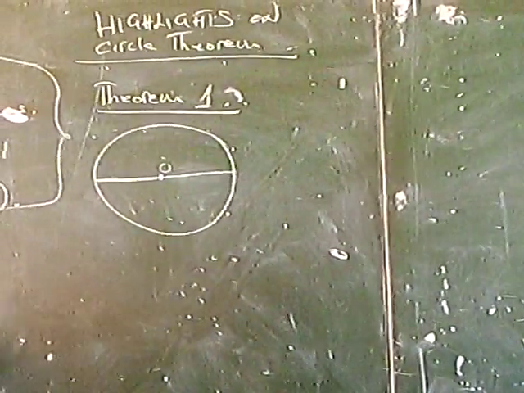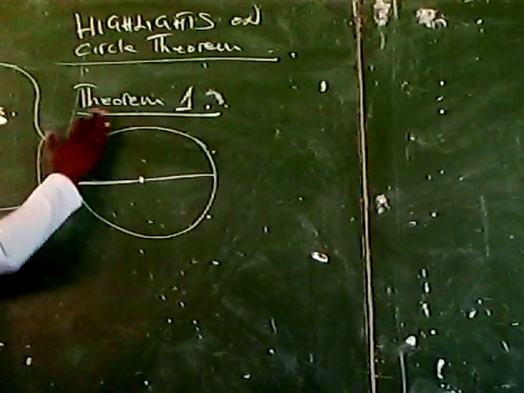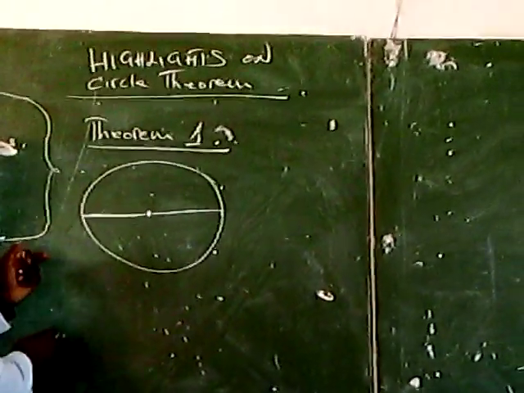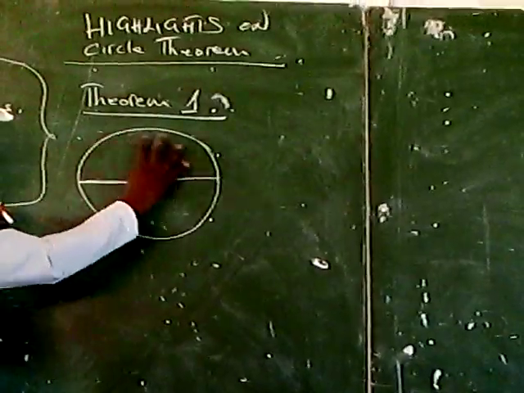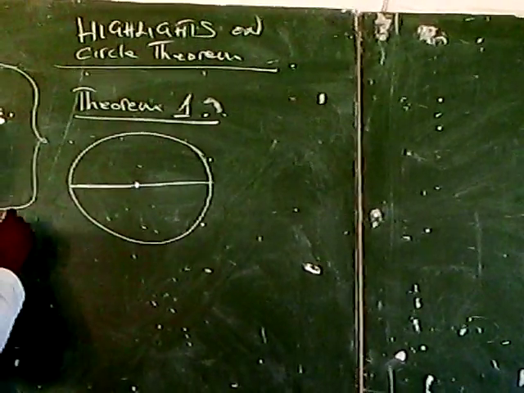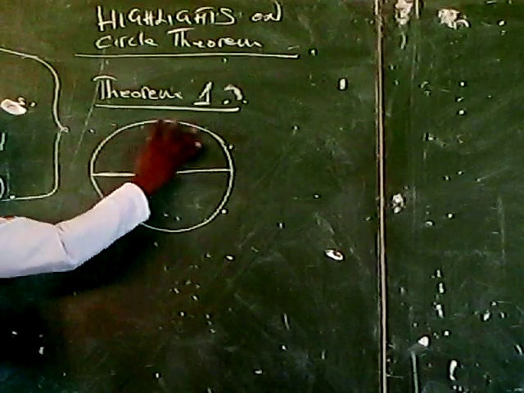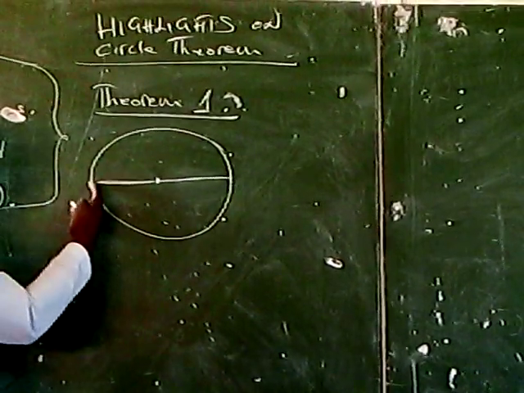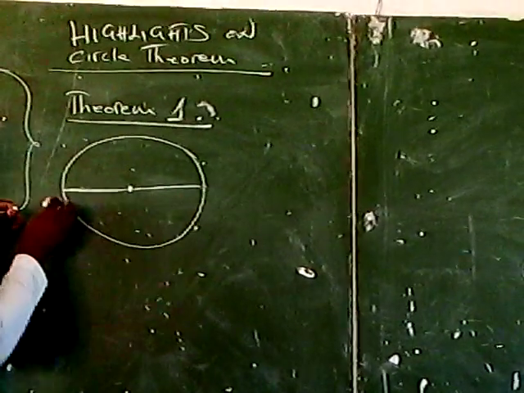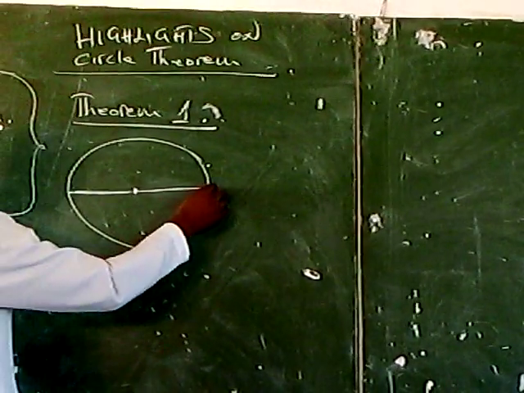Apart from that one, we did mention that one of the theorems indicates that if we are concentrating on this upper region or the semicircle, any angle that will be produced in this semicircle by this chord, this major chord, will actually equal 90 degrees.